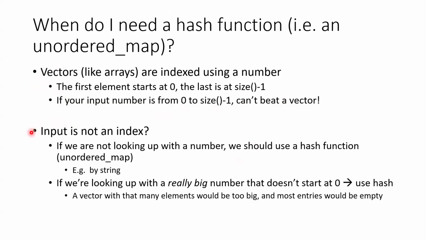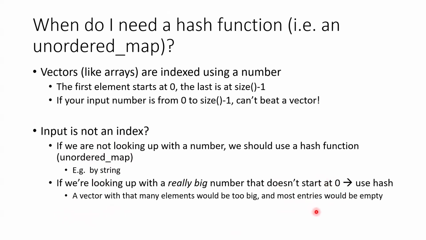If your input is not an index, for example, if we are accessing something by string or by something that's not an integer, or if we are using a really big number that's not really continuous, then a vector with that many elements will be too big and most entries will be empty.